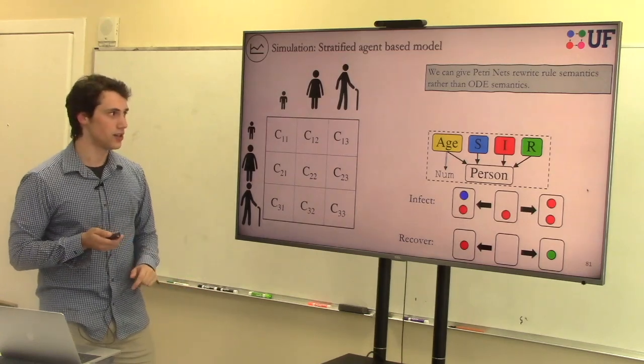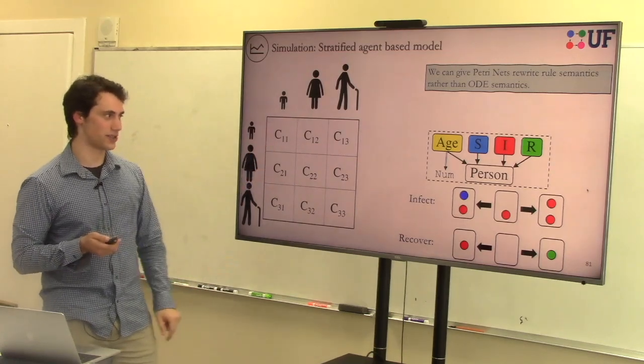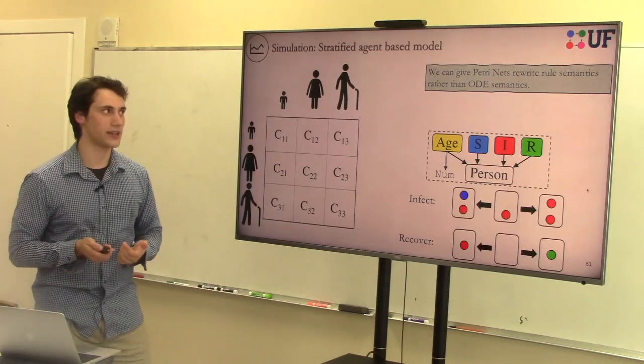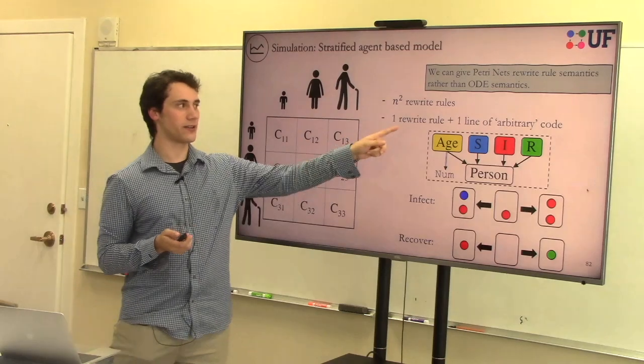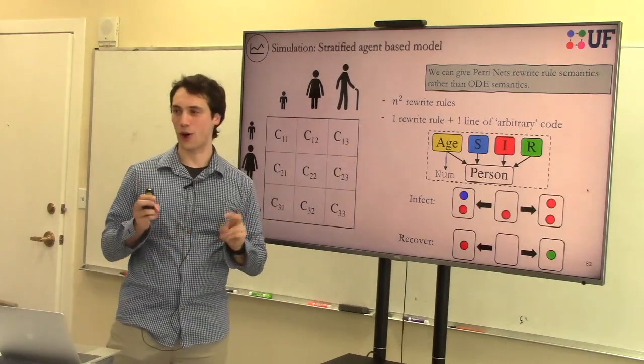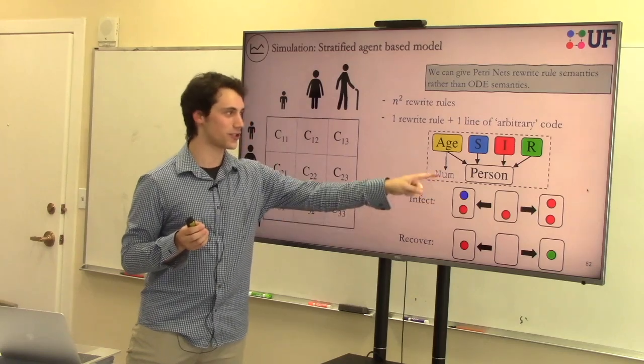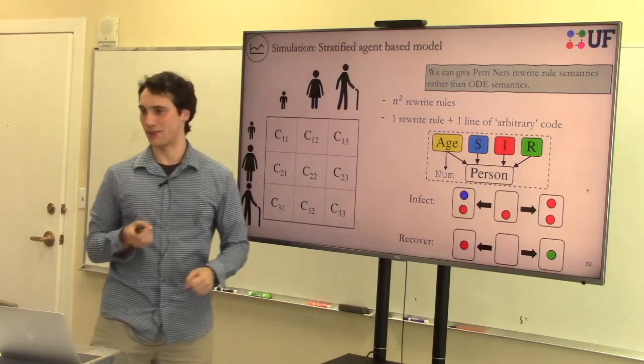And so we might ask, how do we want to represent this? Do we want n squared different rewrite rules, or do we actually want just one rewrite rule and one line of arbitrary code, I would say, which looks at the things that you match, looks at the numbers, and then computes the right thing?